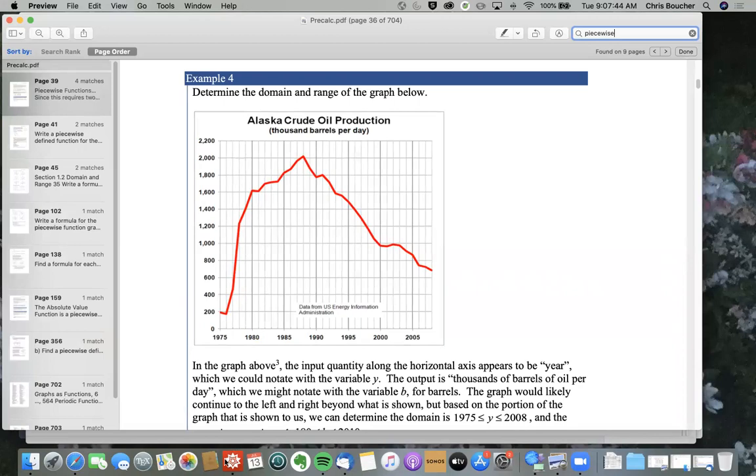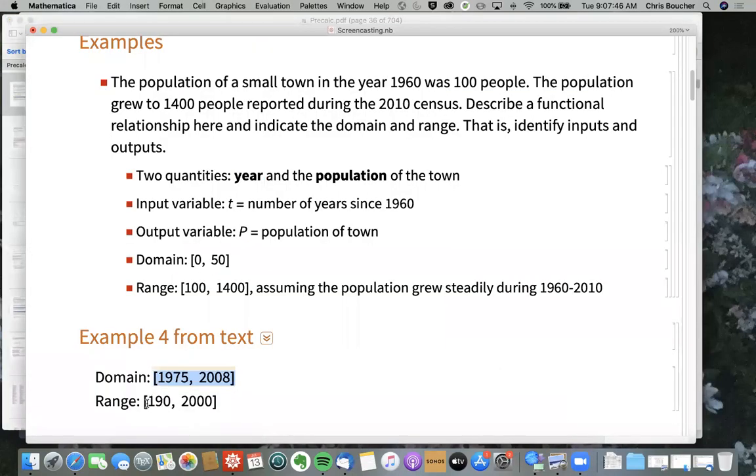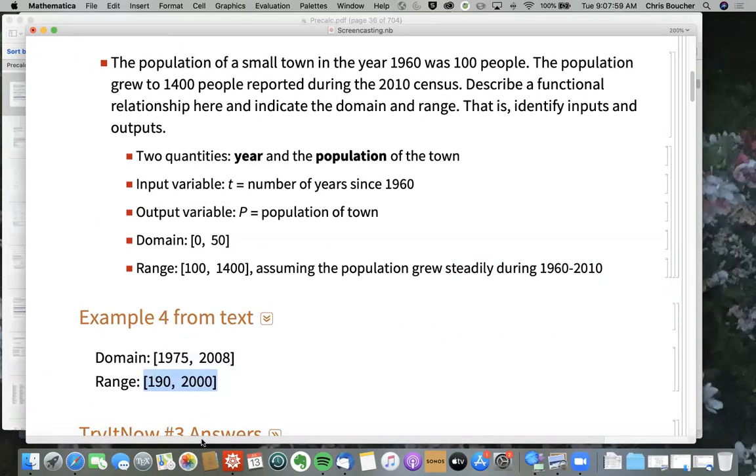We have to estimate a little bit, but my best guess at the range is the interval from 190 to 2000. And recall that this is interval notation, right? So this expresses the set of all numbers between 190 and 2000.